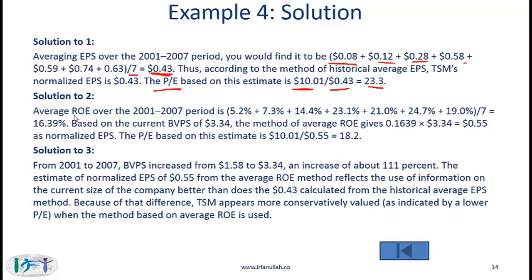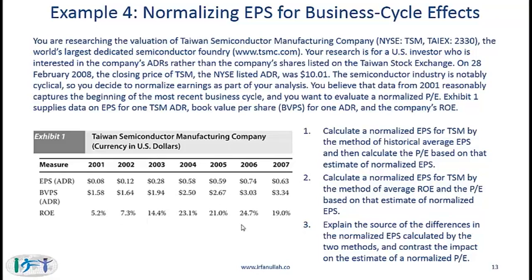The average ROE can also be calculated because your ROE in each year is given. That average number is 16.39 based on the current book value per share of 3.43. So notice that at the end of 2007, the book value per share is given.